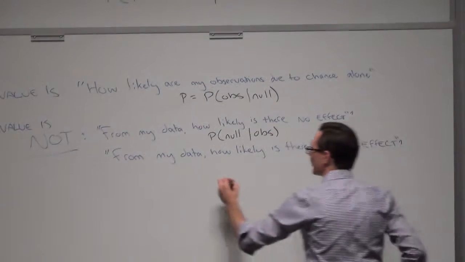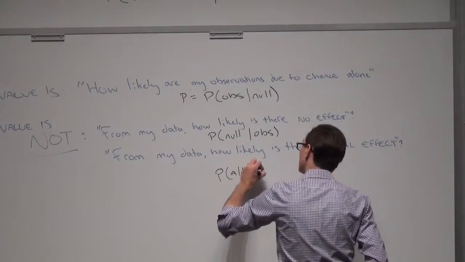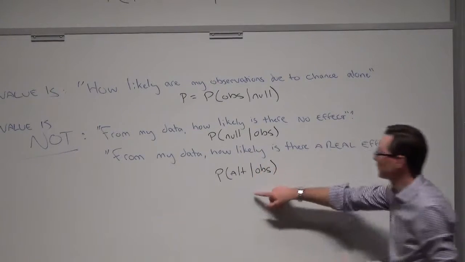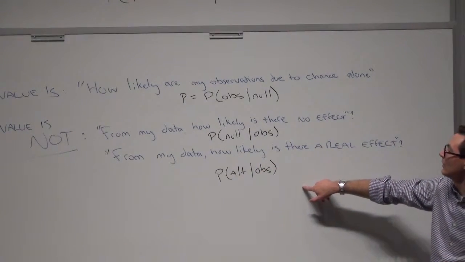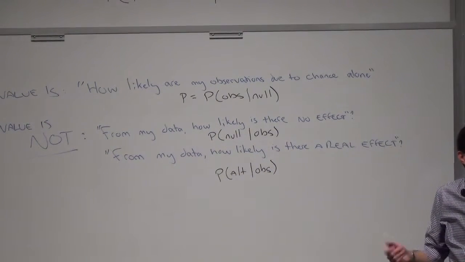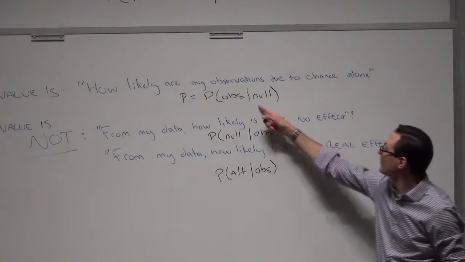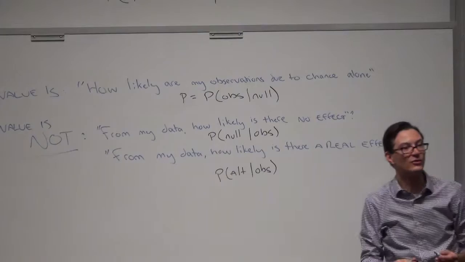The second question is asking, what is the probability of the alternate hypothesis given my observations? Now, remember from our basic probability lecture about how we combine probabilities that these two values are not the same. In fact, they're fundamentally different values.